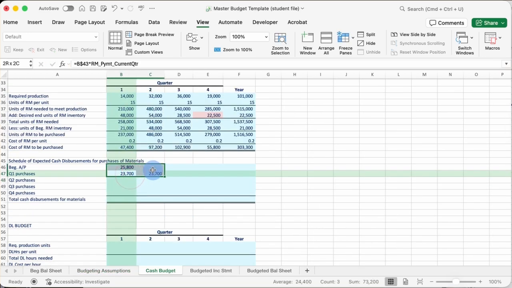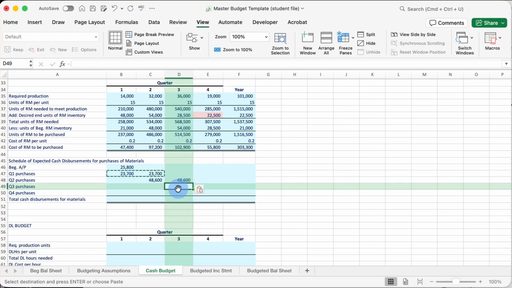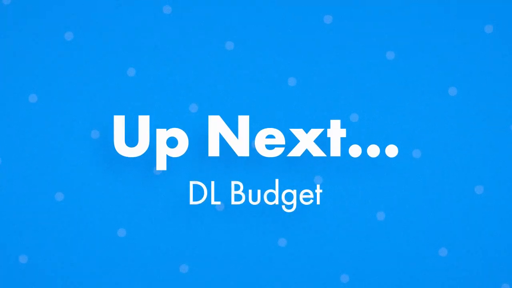And because we locked those in, we can select both the Q1 and Q2 payments for the Q1 purchases, copy those, Command C, come into our Q2, quarter 2 and Q2 purchases and hit Command V. Then again in quarter 3, Command V, and then we will copy D.